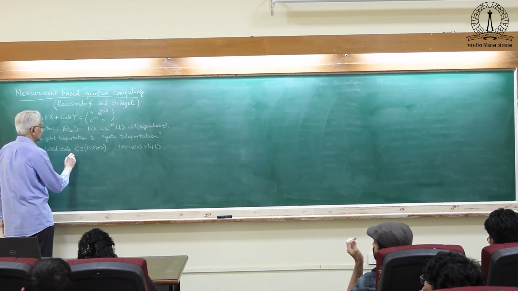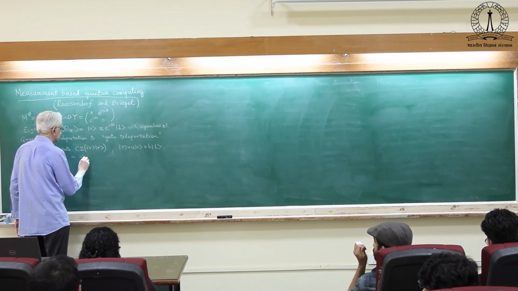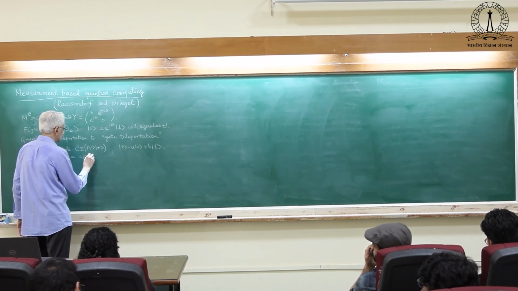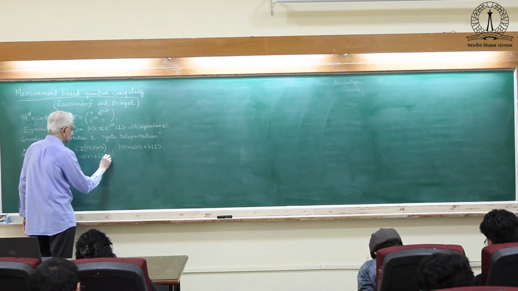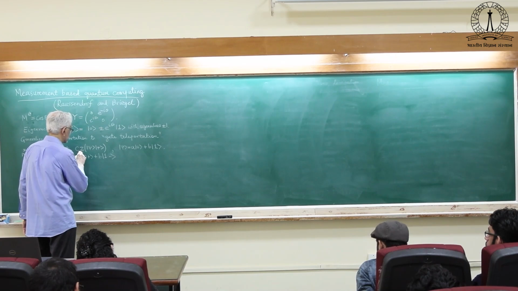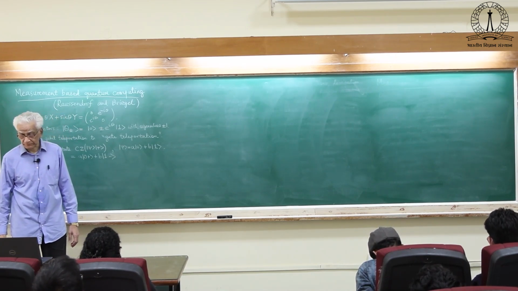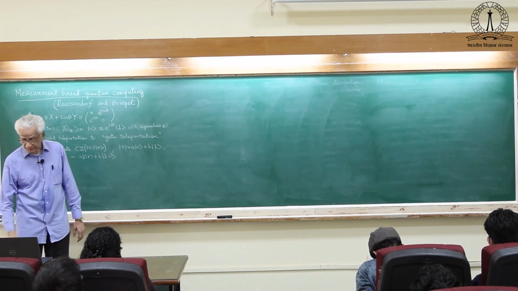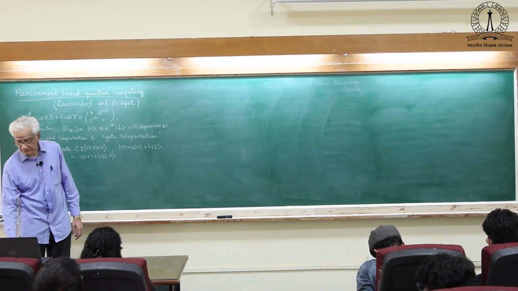So, this thing is now going to become A times 0 plus B times 1 minus. Minus sign comes from this control Z. That is not affected at all. The initial state is identical in both the situations.